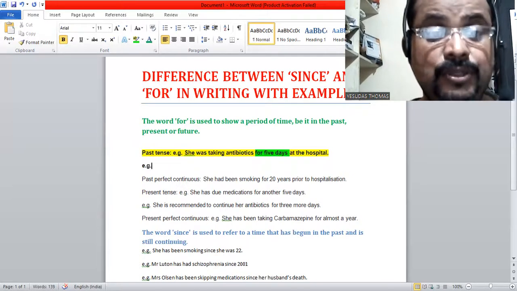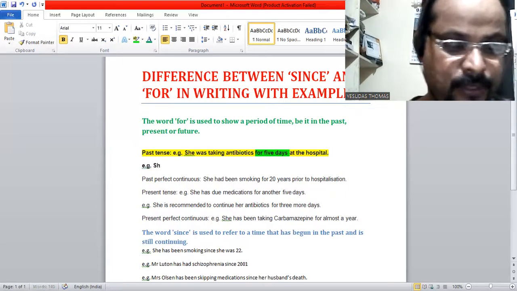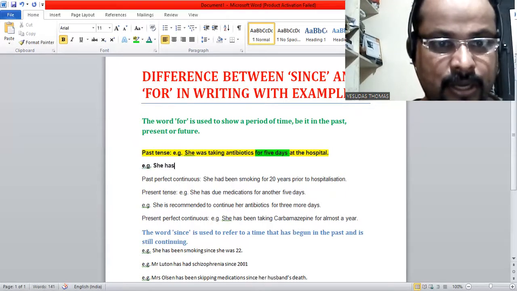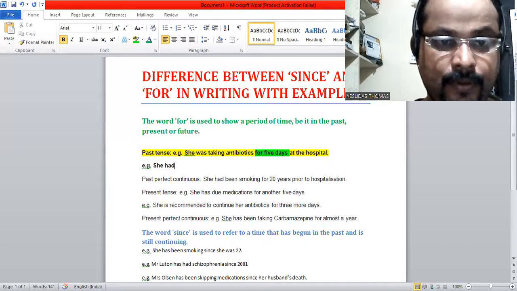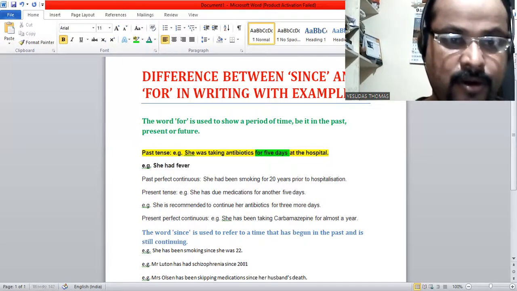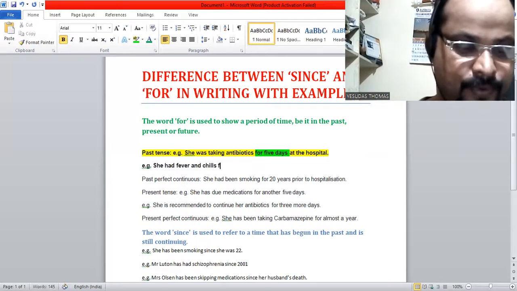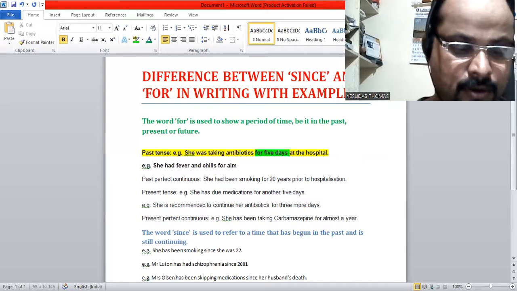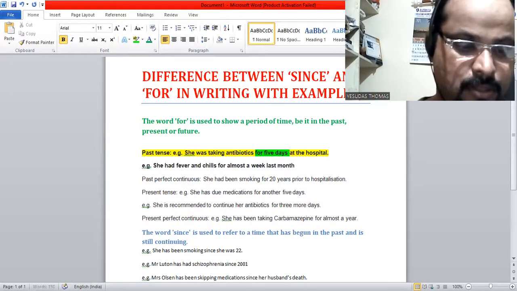Example number 2: She had fever and chills for almost a week last month.